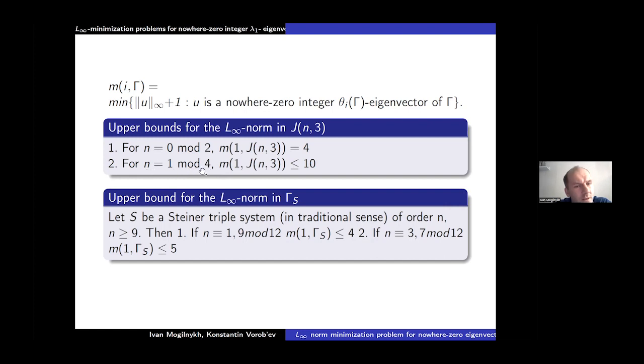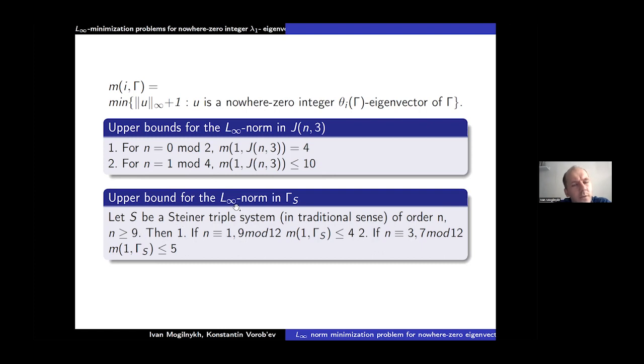In other cases, we have only upper bounds, and they are quite rough. M_1 of J(n,3) is not greater than 10 when n is 1 modulo 4.